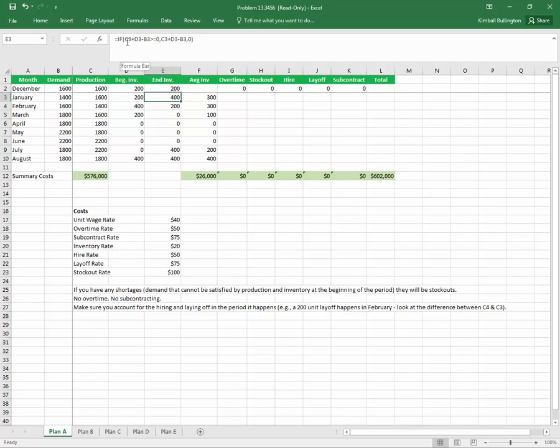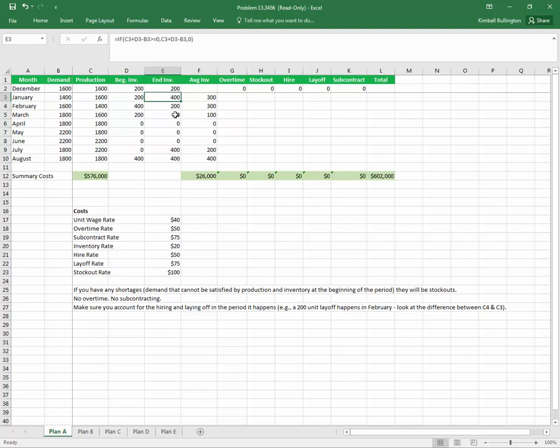So the logical test is that the combination of production and beginning inventory minus the demand going out will be greater than or equal to 0. If that's true, then we just put down that total of production plus beginning inventory minus demand. If that's not true, that would end up with a negative number, and we'll put 0.